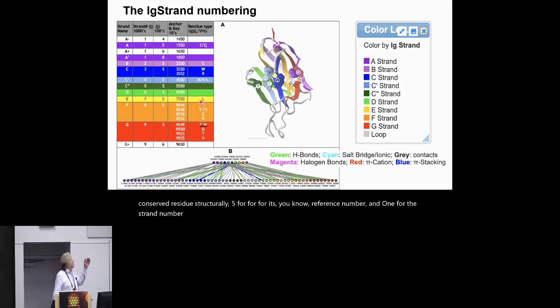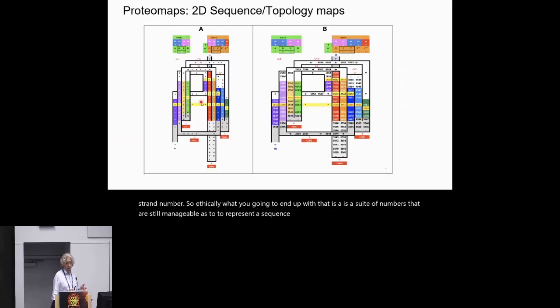So ethically, what you're going to end up with is a suite of numbers that are still manageable as to represent the sequence for any IG domains.